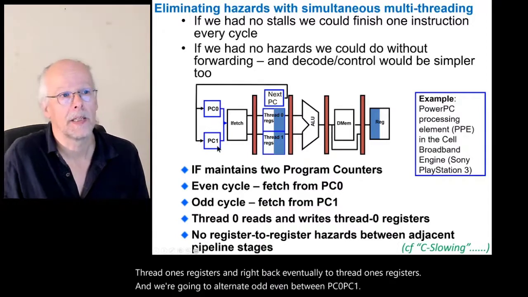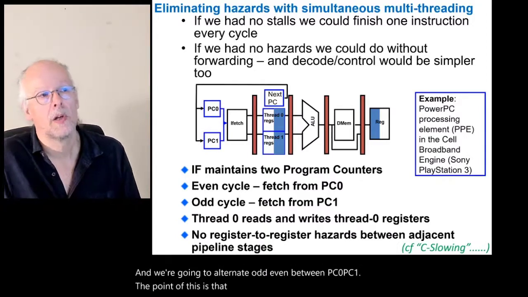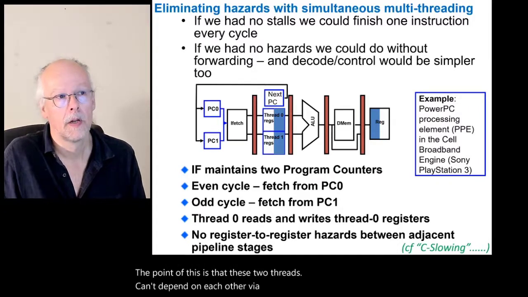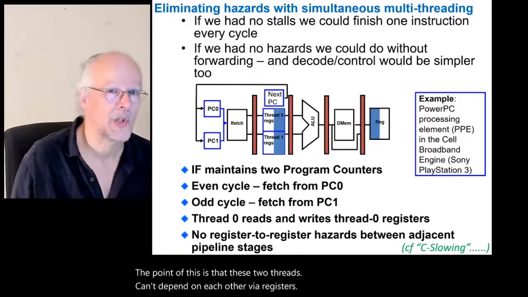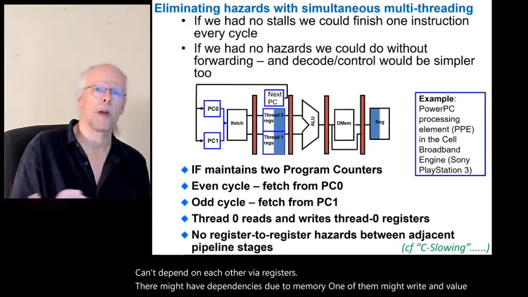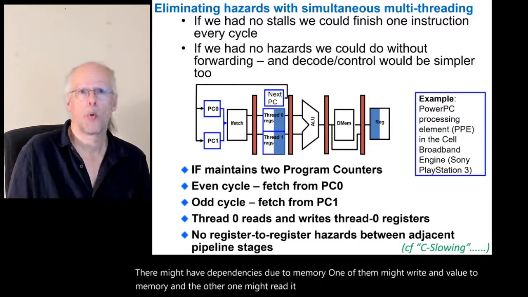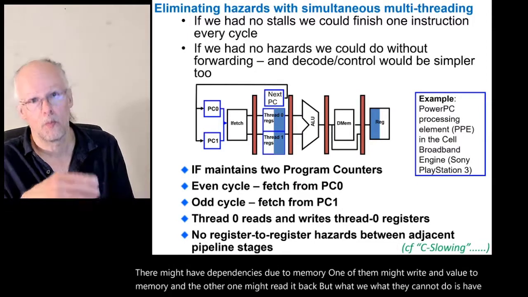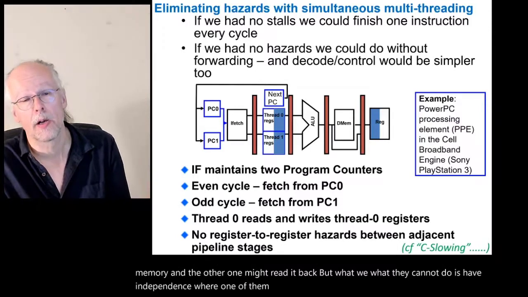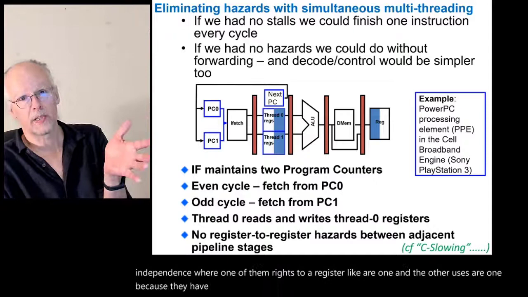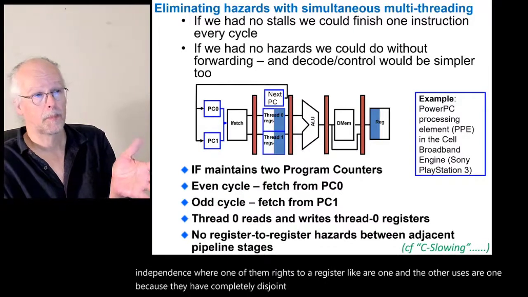The point of this is that these two threads can't depend on each other via registers. They might have dependencies due to memory. One of them might write a value to memory and the other one might read it back. But what they cannot do is have a dependence where one of them writes to a register like R1 and the other uses R1, because they have completely disjoint register sets.